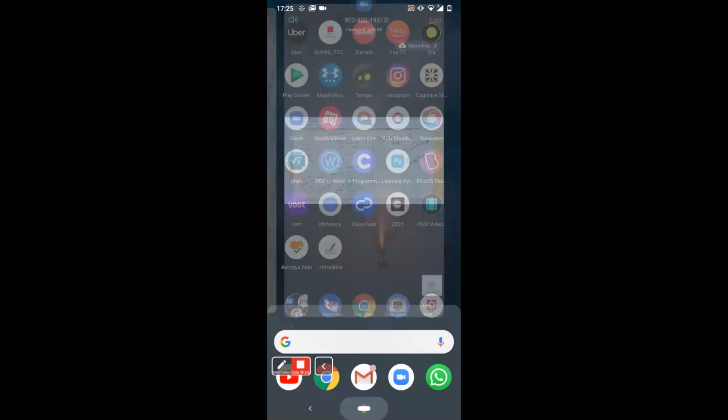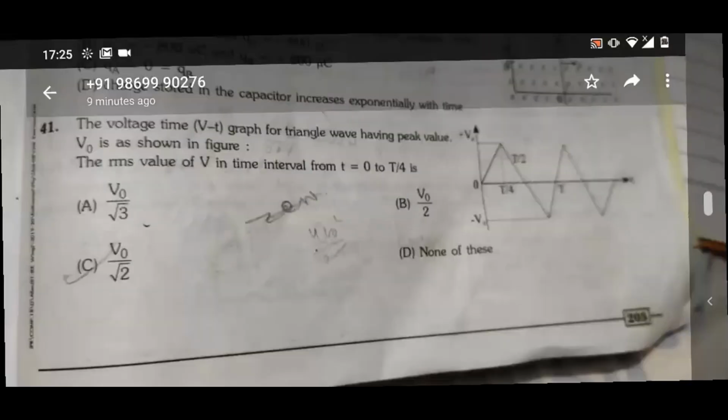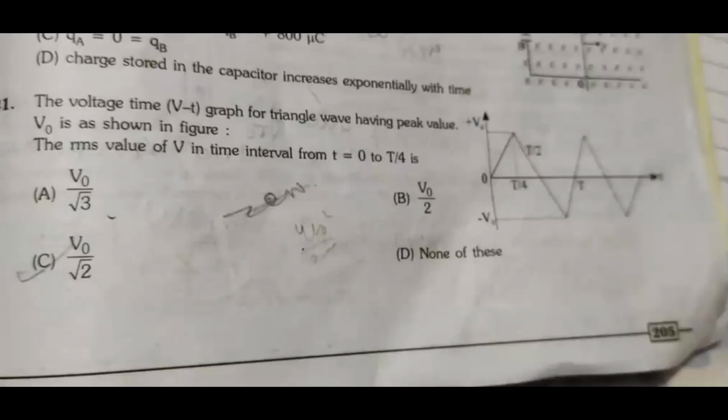What do you have to calculate, the RMS? This question, no, the voltage-time graph is given as a triangular form. RMS value of V in time interval 0 to T by 4.